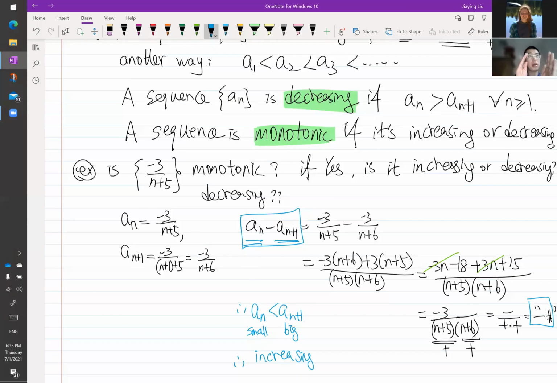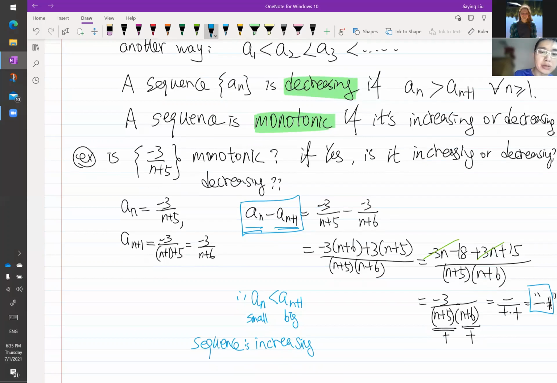That means an is subtracting a number that's bigger than itself. So that's why we end up with a negative difference. So we end up finding that the value in the sequence is increasing. Therefore, it's monotonic.